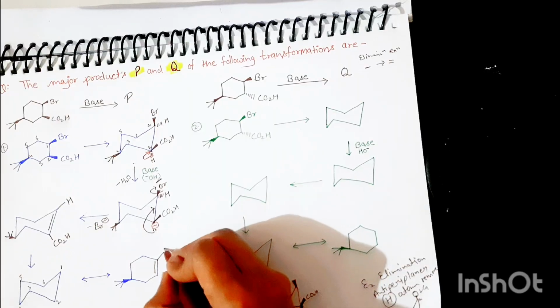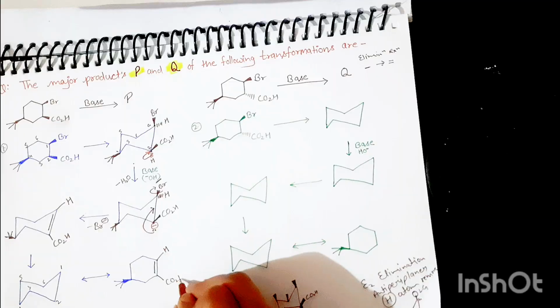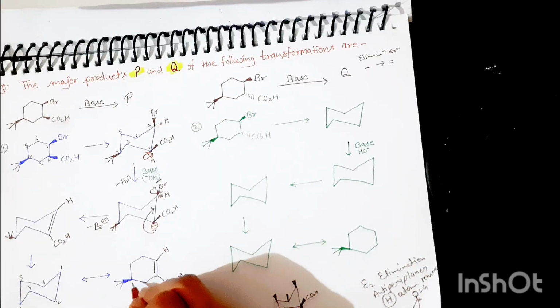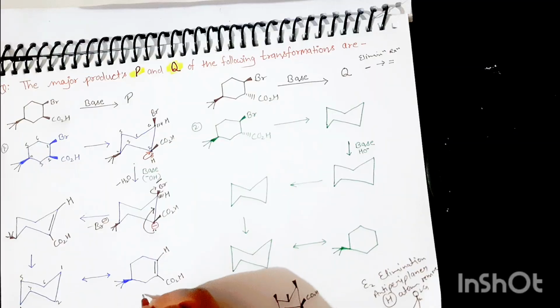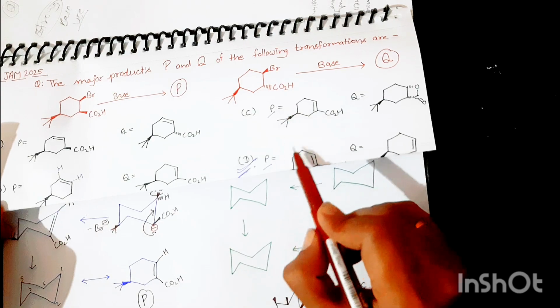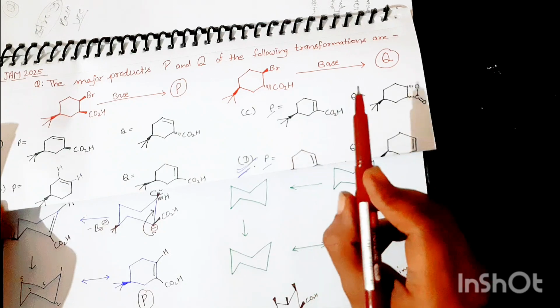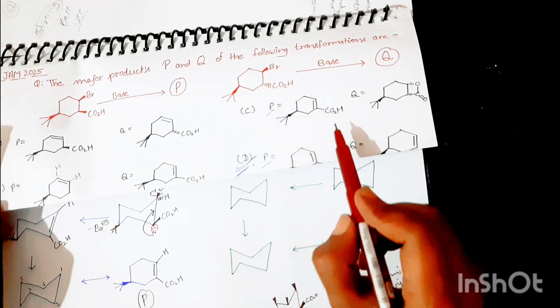On the C1 carbon one hydrogen is present, at the C2 position carboxylic acid, and at the C4 position the isopropyl group, same. So this is our product P. We check, our answer will be C or D. So we check the second reaction.